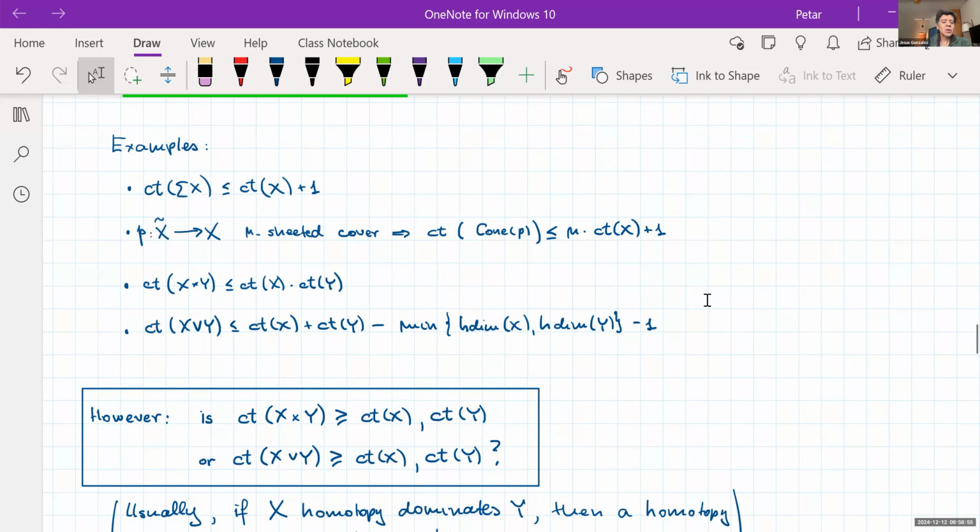Petar, can I ask you a question? Sure, please. Precisely there, where you were saying that the covering type for a Cartesian product, a la Ganea, it's not the sum; it's a product, right? It's just on the two lines above. Is the product. Okay.